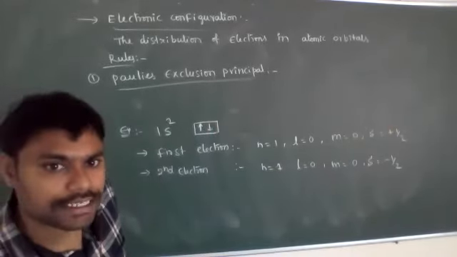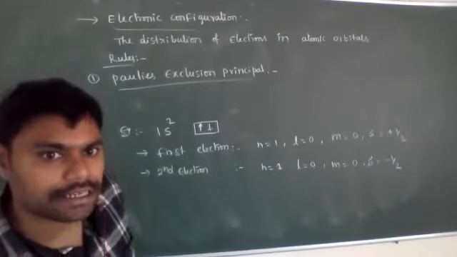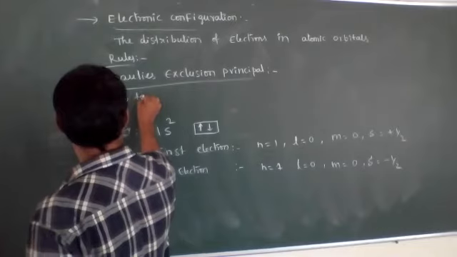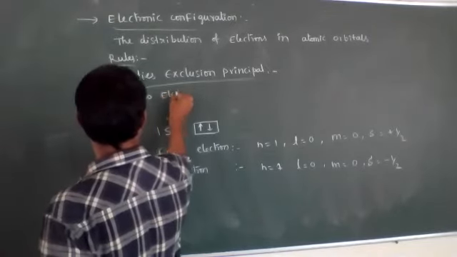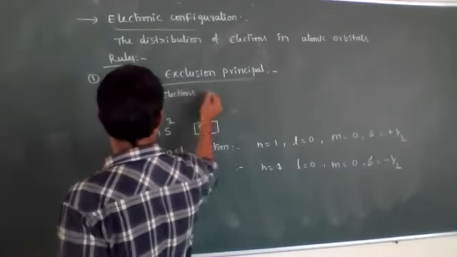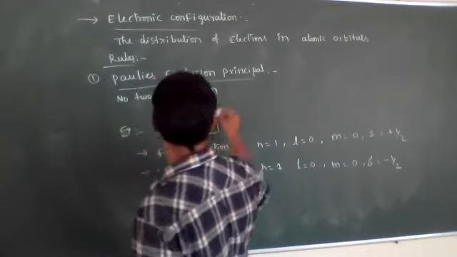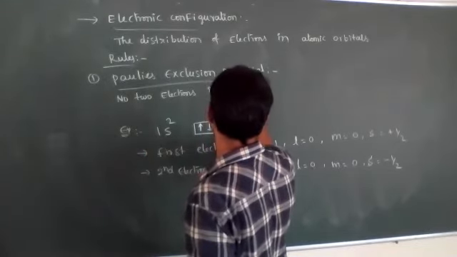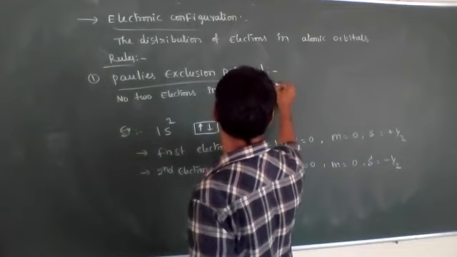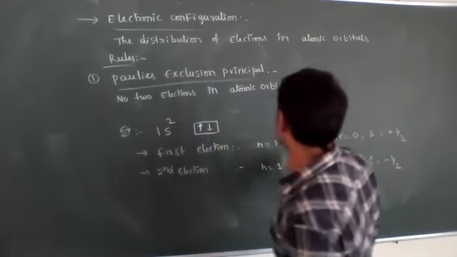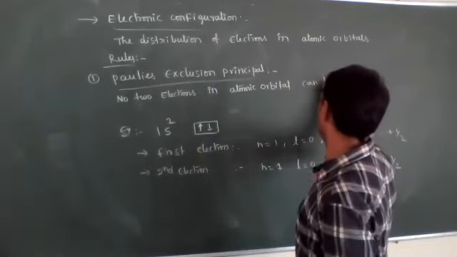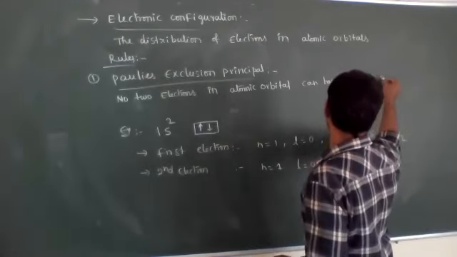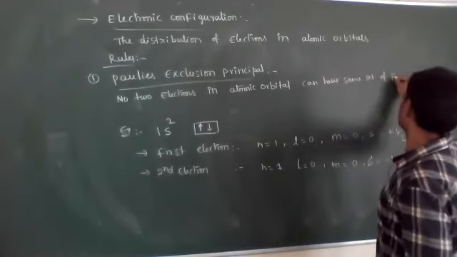That's why his statement is that no two electrons in an atomic orbital can have the same set of 4 quantum numbers.